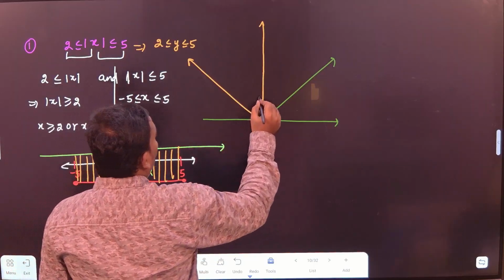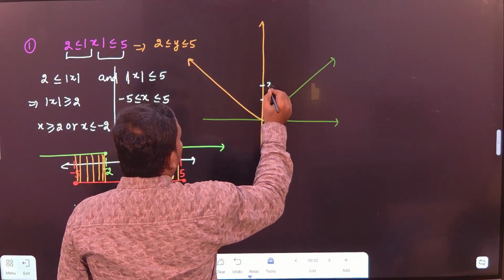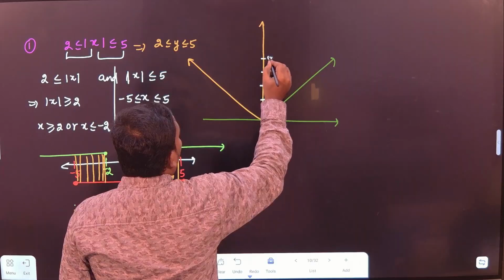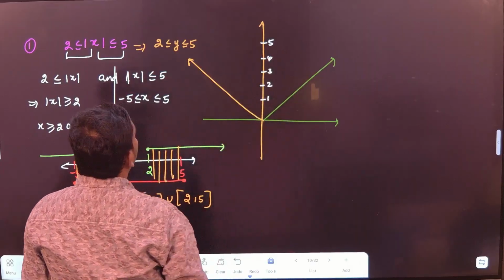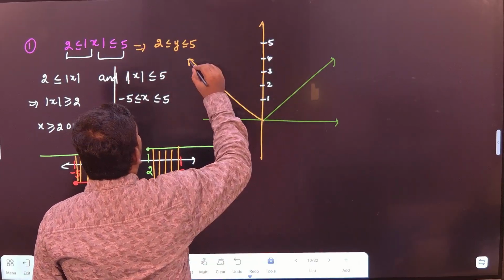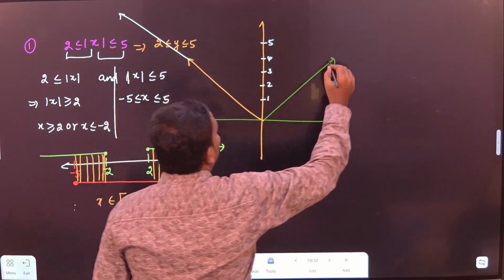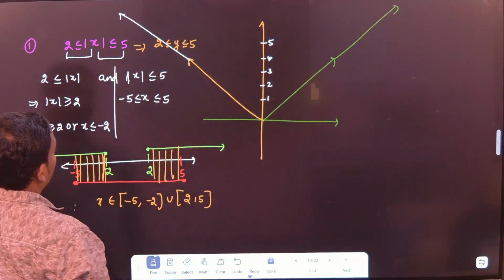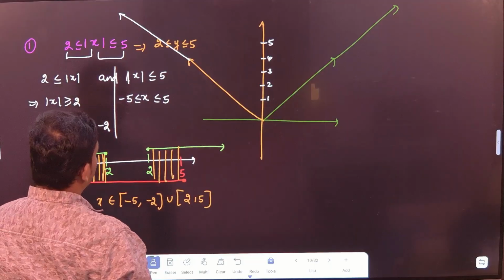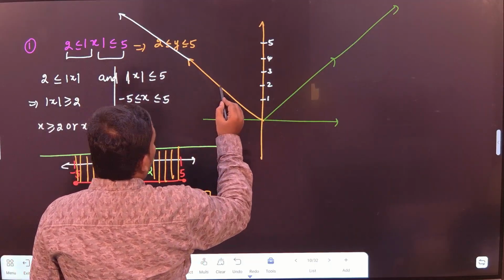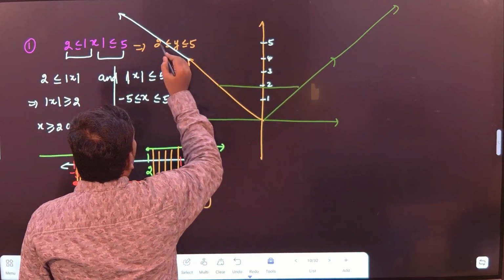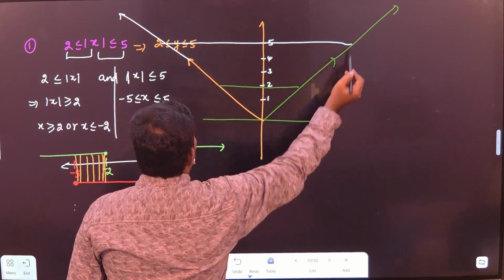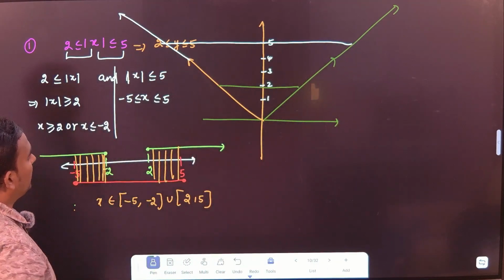You can see 1, 2, 3, 4, 5 here. So the graph is covering like this, 2 to 5, right? Here 2 is there, here 5 is there. 2 to 5 we have to take.